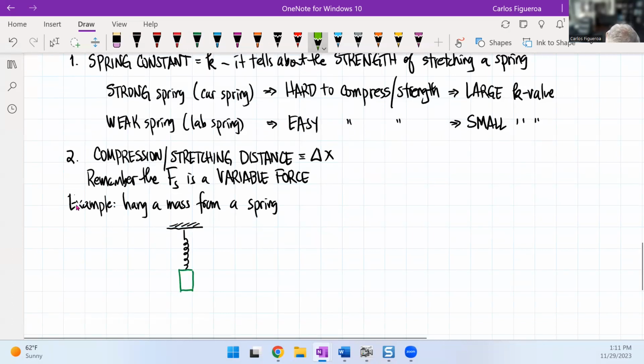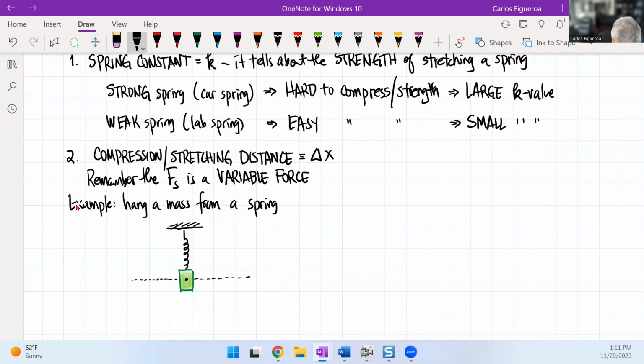If I just let this hang and focus on the center of mass, this point right here we call the equilibrium. And why is it an equilibrium? Because here we have a balance of forces.